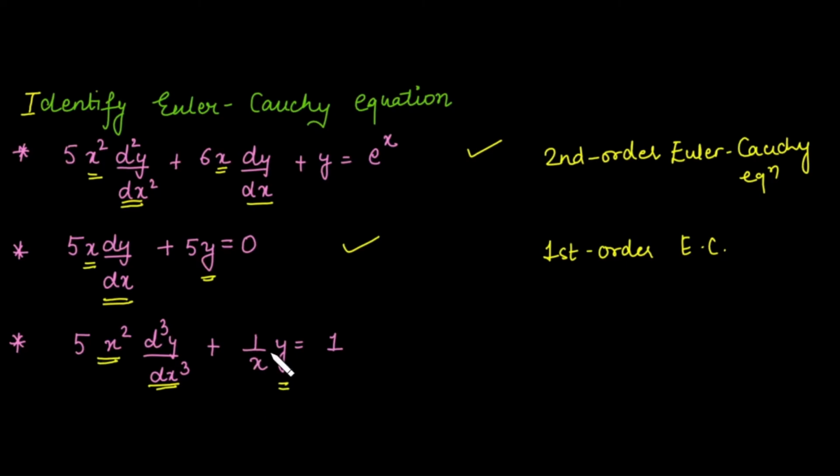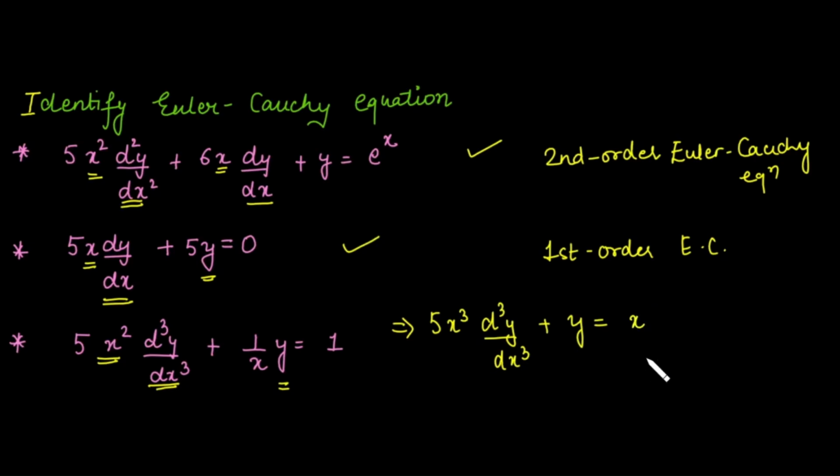Let's check it. So it has a 1 by x. We need to remove this one. So we can multiply by x to the entire differential equation. So when you multiply by x, we have 5 x cube third order derivative of y with respect to x plus x by x is 1 into y is equal to, multiply also the right hand side term with x.